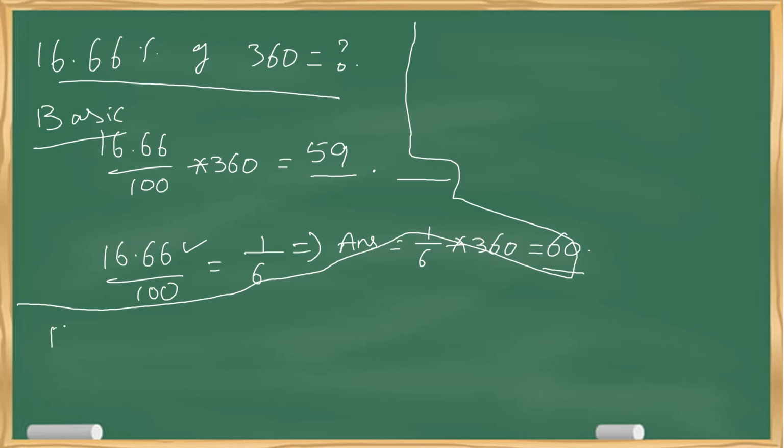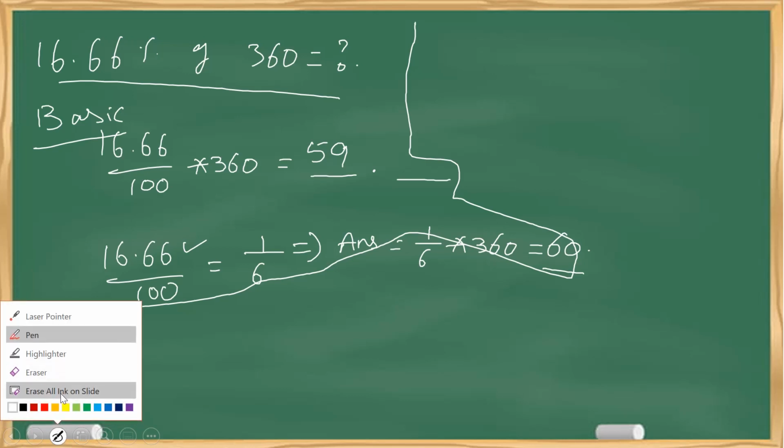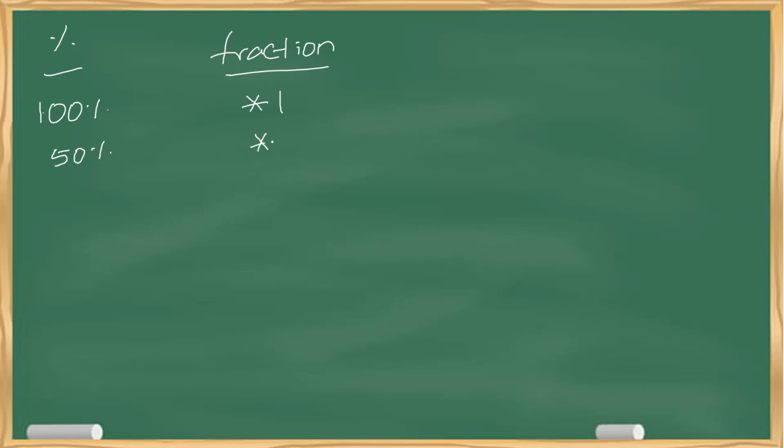First, I'll give the percentage here, and the fraction equivalent, the number with which you are supposed to multiply. First, the basic: 100% of any number, how to do it? The same number, into 1. Now 50% is any number into 1 by 2.